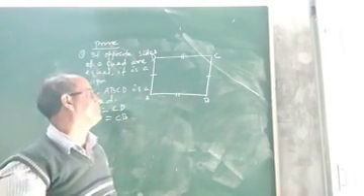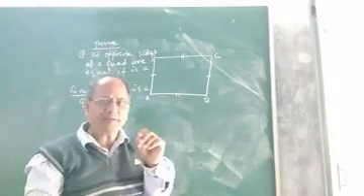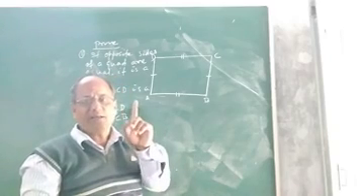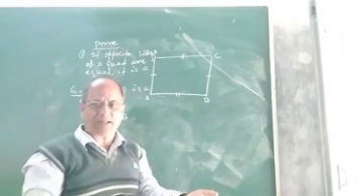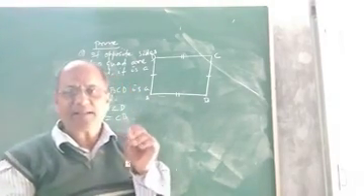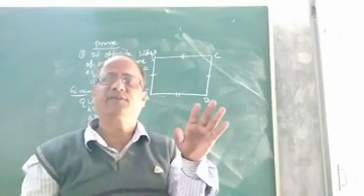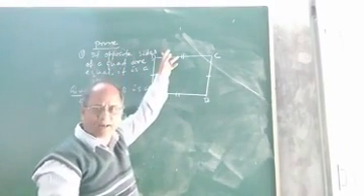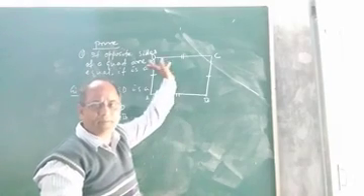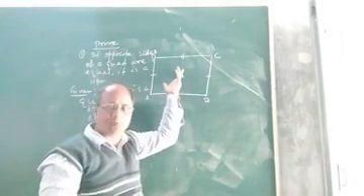How to prove it? See. Now children, in order to prove that a quadrilateral is a parallelogram, there are several different conditions. We may show that both pairs of opposite sides are parallel. That means if AB is parallel to DC and AD is parallel to BC, then it will be a parallelogram.